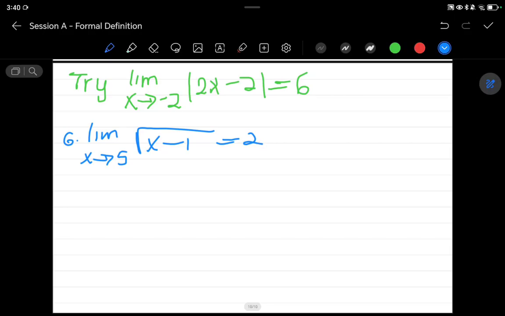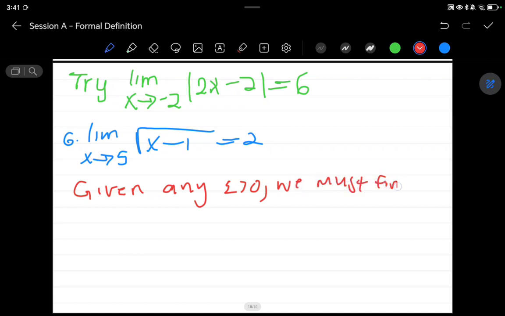Then we're going to write in red, given any epsilon greater than 0, we must find delta greater than 0 such that the absolute value of x minus 5 is greater than 0 and less than delta.